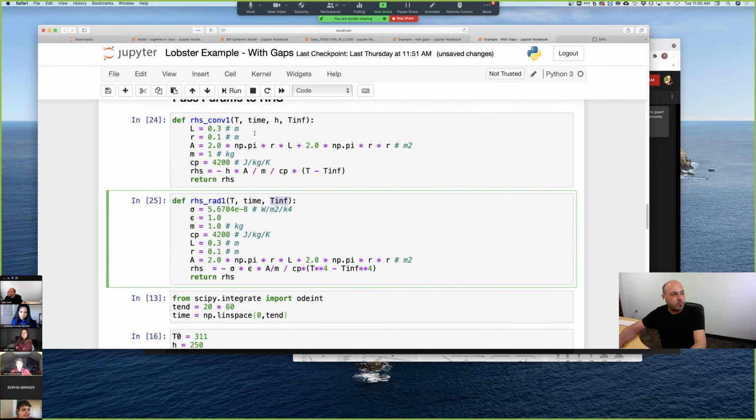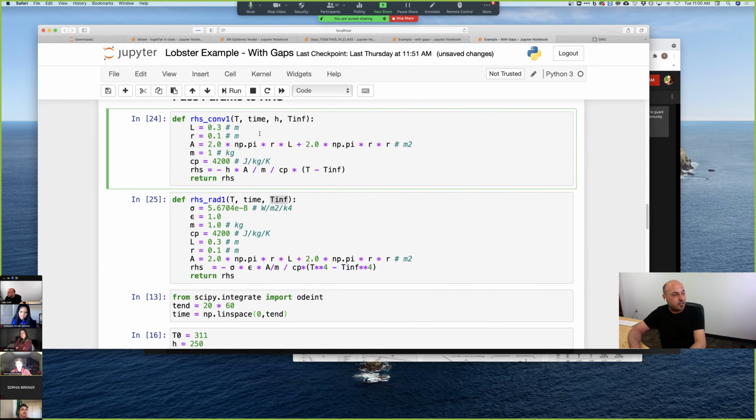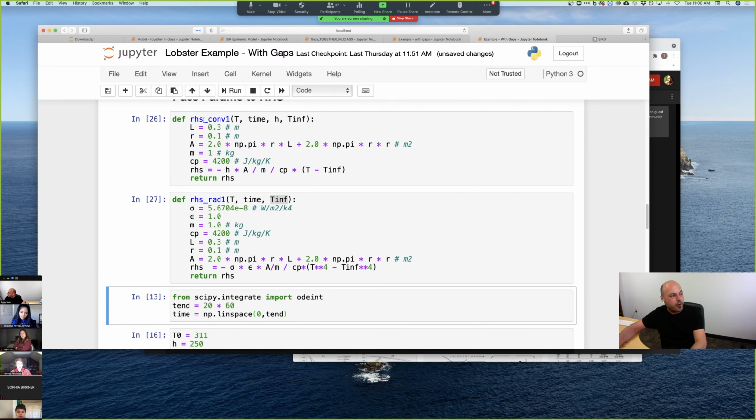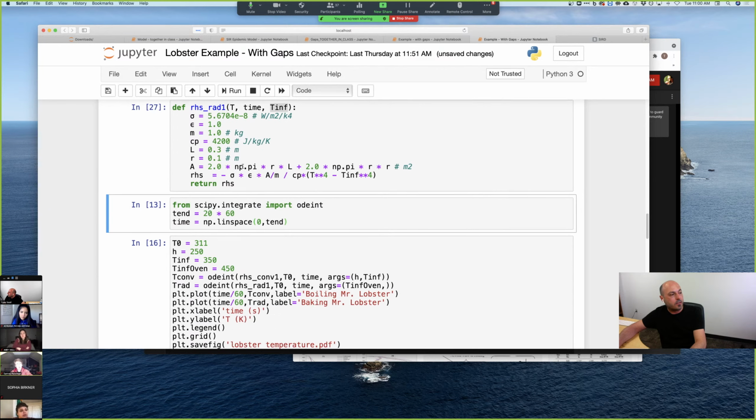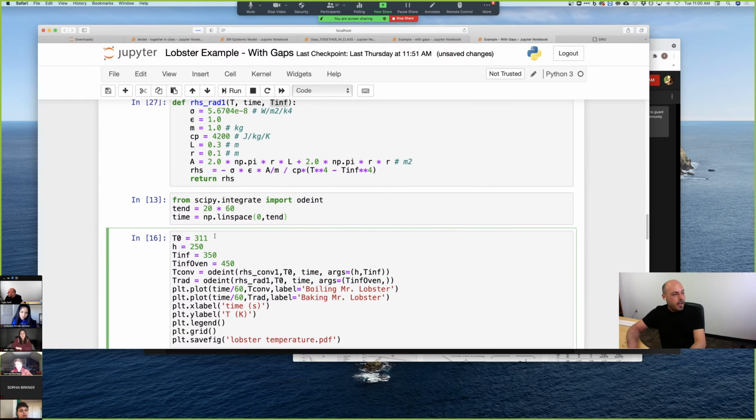All I need to do is change it in the place where I'm calling those functions. Just to show you how much easier this is going to be, execute the cells for the right-hand side, RHS convection 1 and RHS radiation 1, and then execute the cell after that where we import odeint again, and define our end time of 20 minutes and create a linear space of 100 points for the time domain.